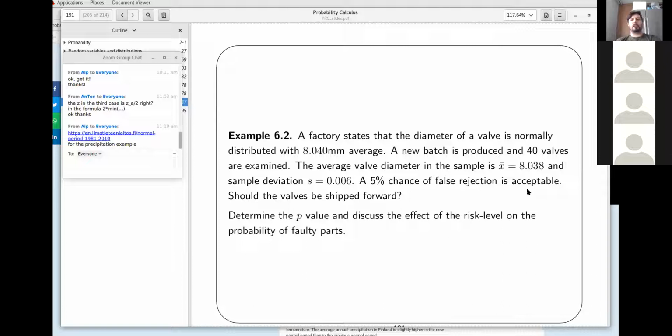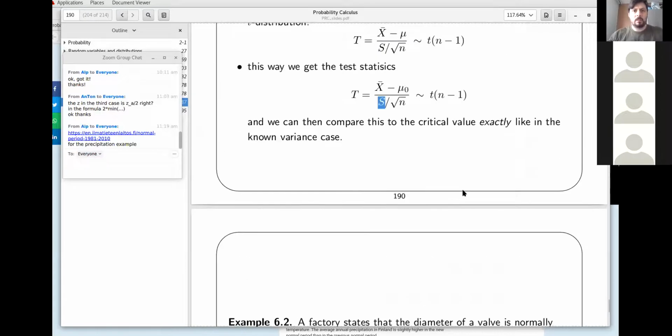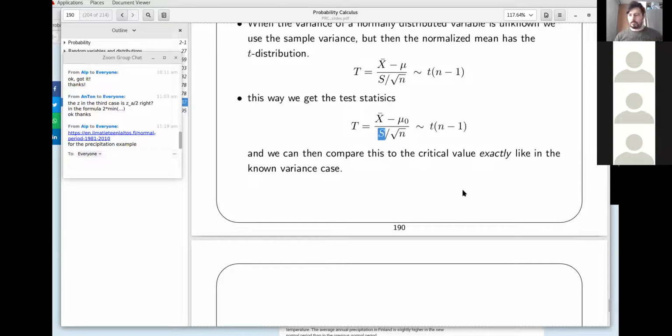So here we can calculate the p-value, just looking at this formula here. If we calculate this t statistic now, t equals the average minus mu0 divided by s over the square root of n.